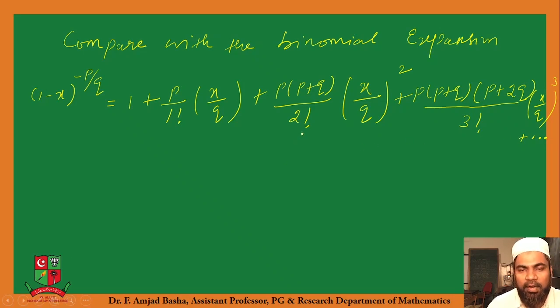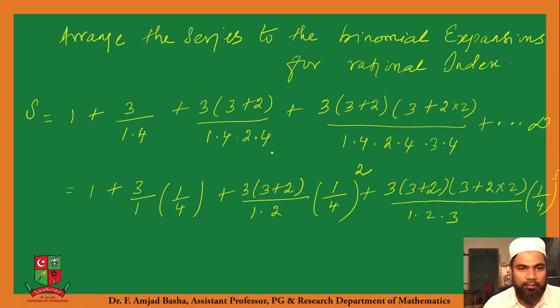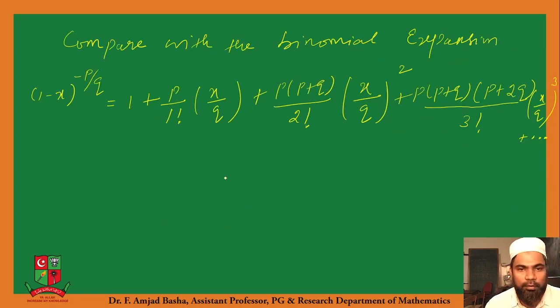The series goes like this. So when I compare the previous one with this, it is very crystal clear what is p, what is q. Look at this, my p is 3 and my q is 2, okay, and my x by q is 1 by 4.